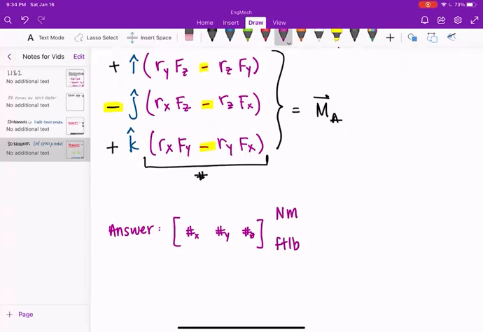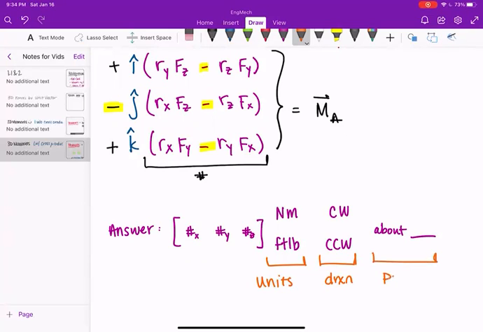You need some direction, so clockwise or counterclockwise, and then you need a point of application or a reference to whatever your hinge was. So about some point. So again, this is your units, and that is your direction. And this is your point of application.